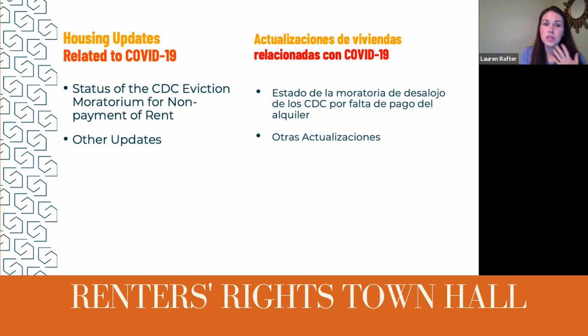And it says that if you can assert 5 things: that you make under $99,000 a year, that you are using your best efforts to get government assistance to pay your rent, that you're paying as much partial rent as you can, and that if you were to move or to be evicted, you would become homeless or live in shared living spaces. That wouldn't be very healthy with this virus going on. And yep, I think those are the 5 things.